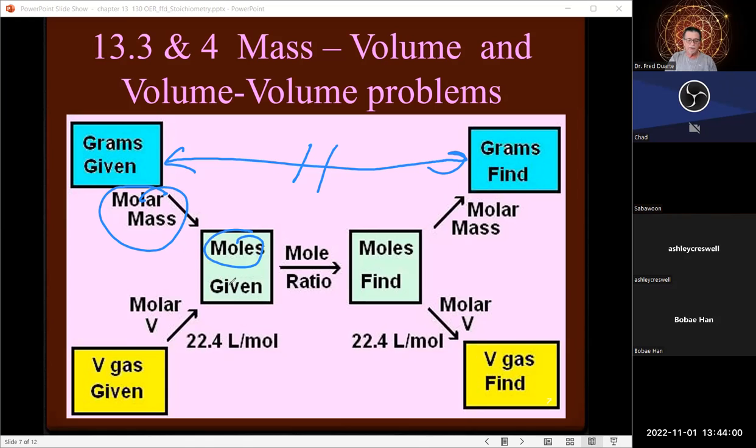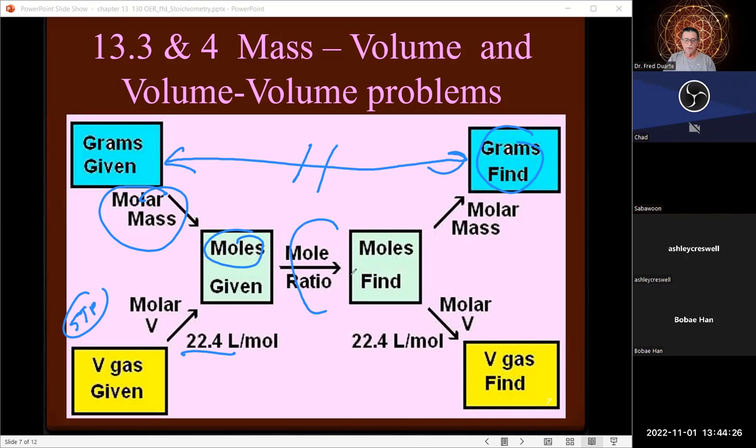Now at this point, depending on where you need to go, if I'm going to figure out the volume of that material given, then I have to be at STP here, so I can calculate the volume of that material. But sometimes I don't need to do that. I need to go to find the grams of whatever I'm looking for.